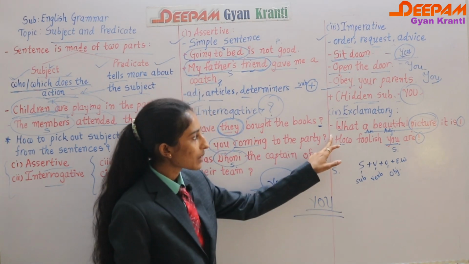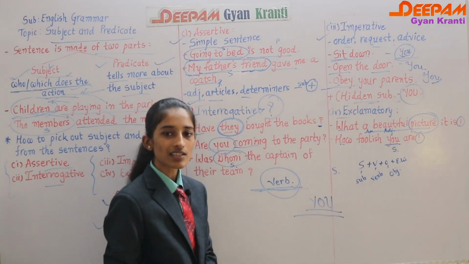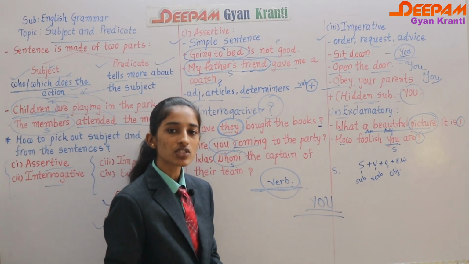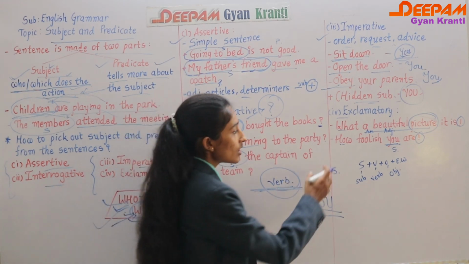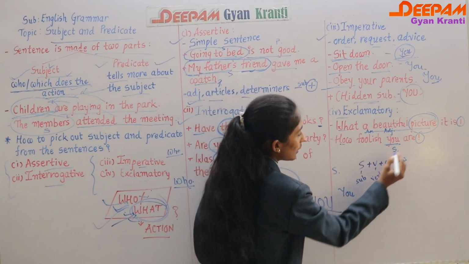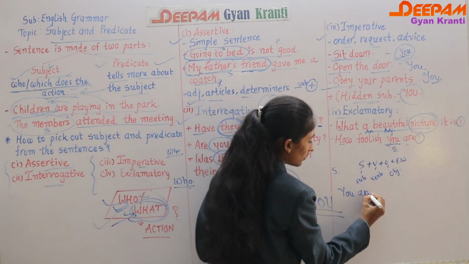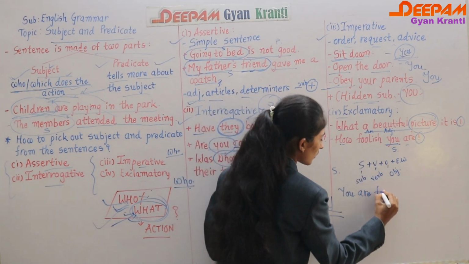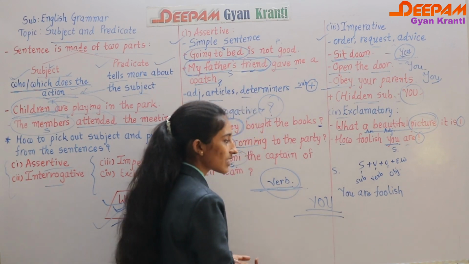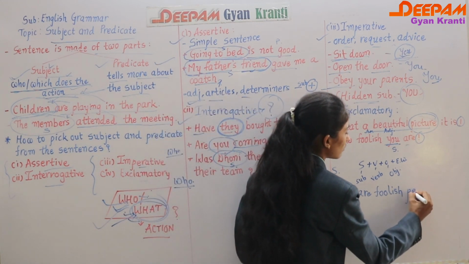Clear? Now sometimes exclamatory sentences are there in your exercise, and you have to change them into simple sentences. So how foolish you are. First comes the subject, so you, then the form of to be, are, then comes foolish. So you are foolish. Then if you want to add something like person, you can.